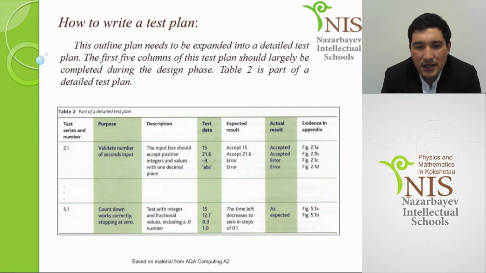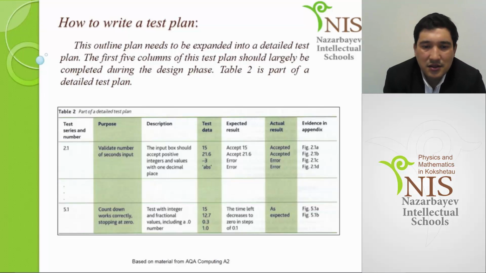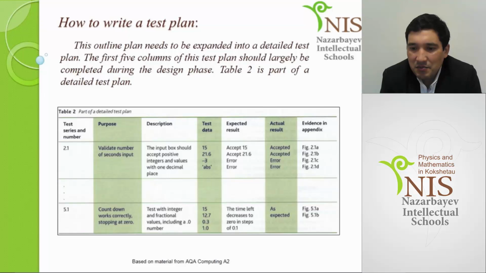Table 2 has some parts, and you can create this table. The table has test series and numbers, purpose, description, test data, expected results, actual results, evidence in appendix.